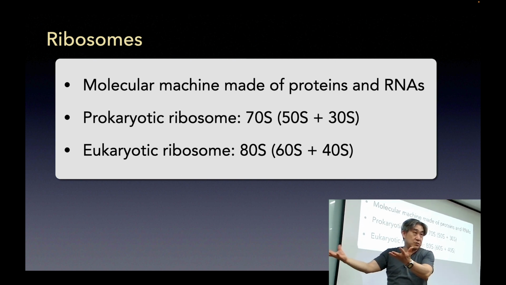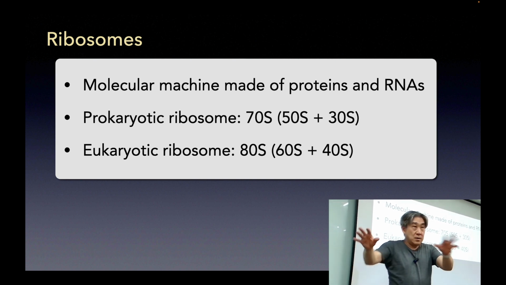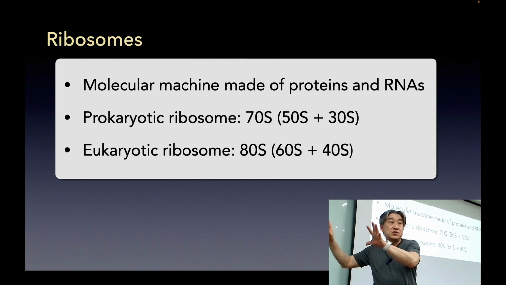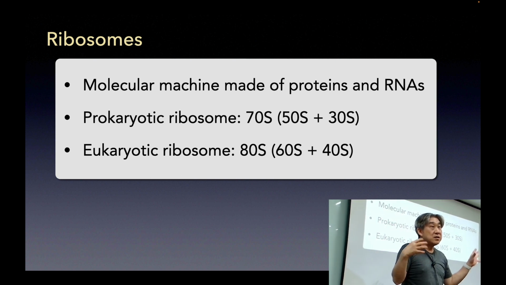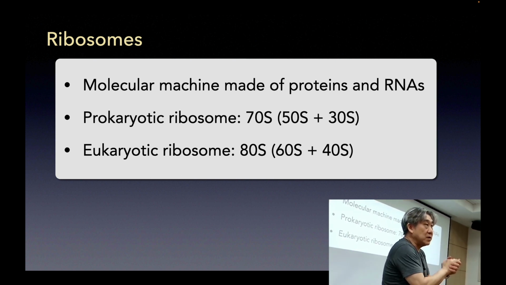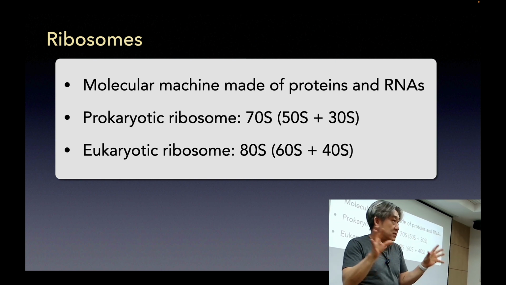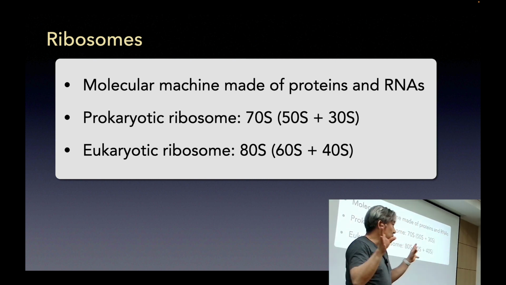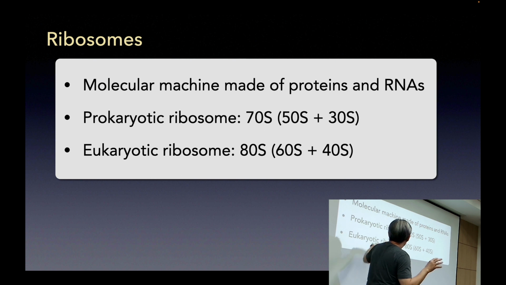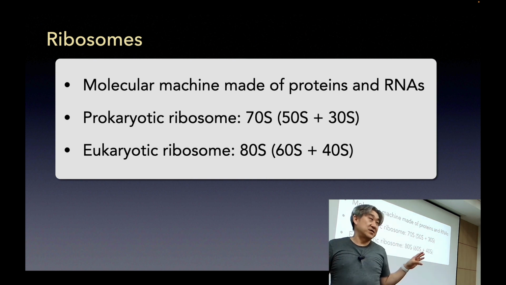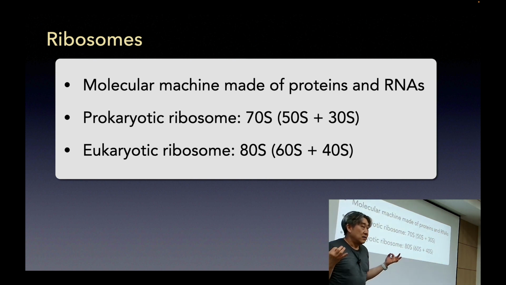Both are made of a combination of several proteins plus several RNAs. But even so, they are different. Prokaryotic and eukaryotic ribosomes are different. That's all we need.